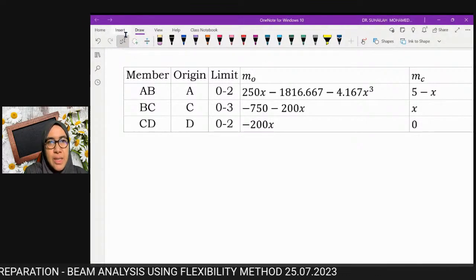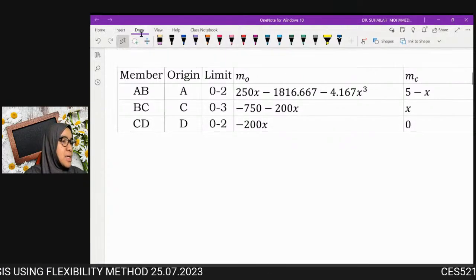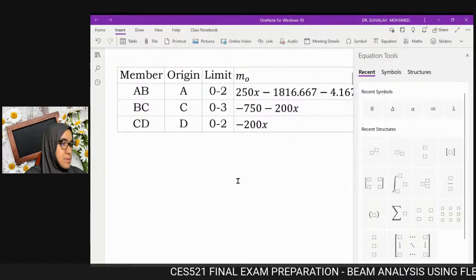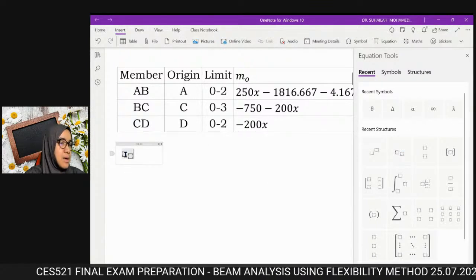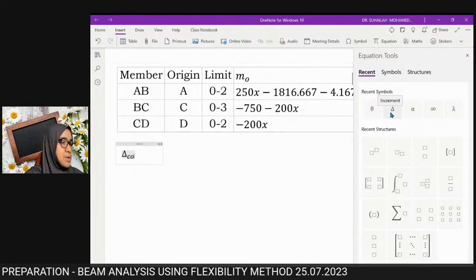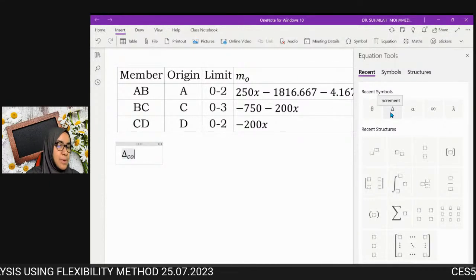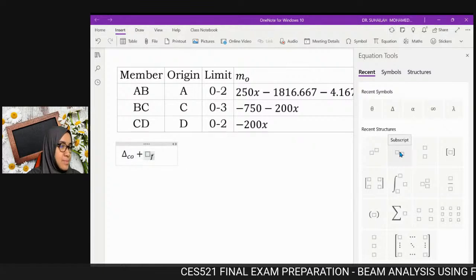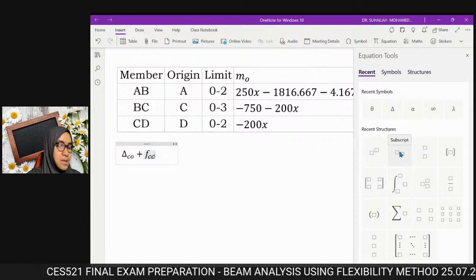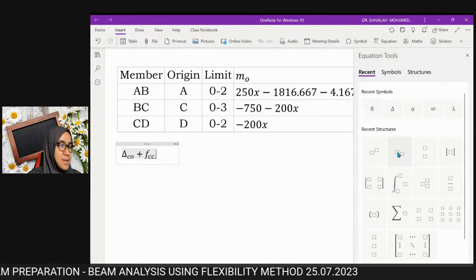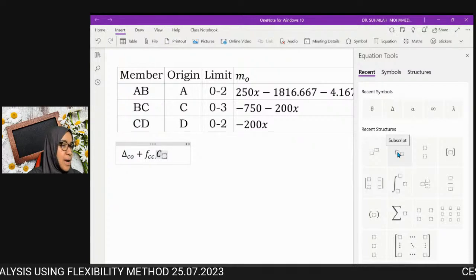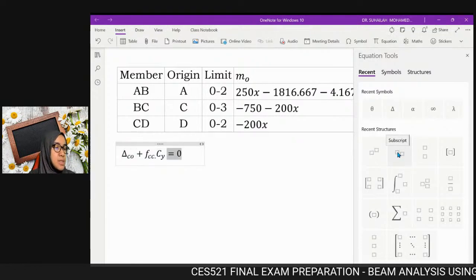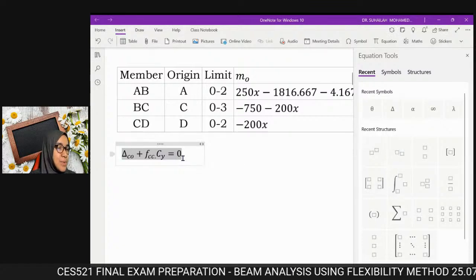The compatibility equation is delta C naught P plus FCC times CY equal to 0. This is the compatibility equation.